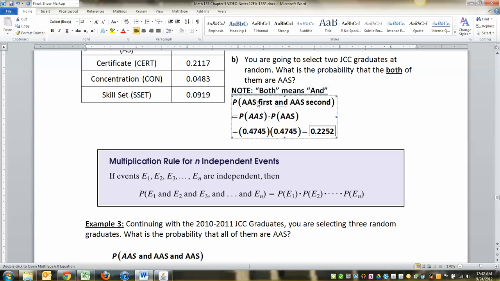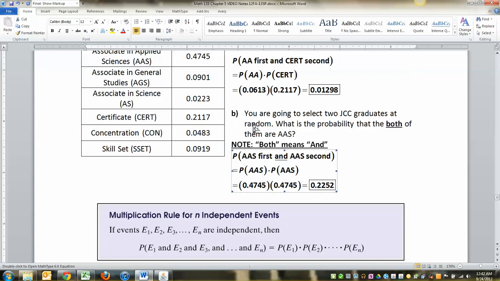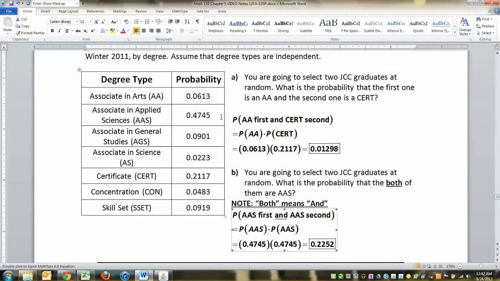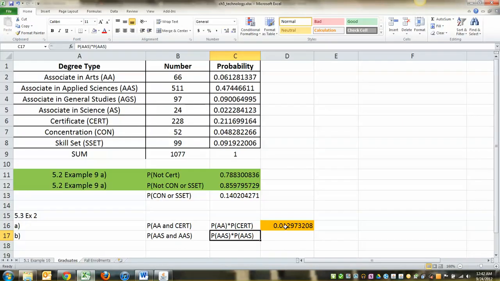All right. So that means I have to have AAS in the first one, AAS in the second one. That's 0.4745 times 0.4745. Let me go over here and make Excel find it for me. Now notice that you could also do that with 0.4745 squared.